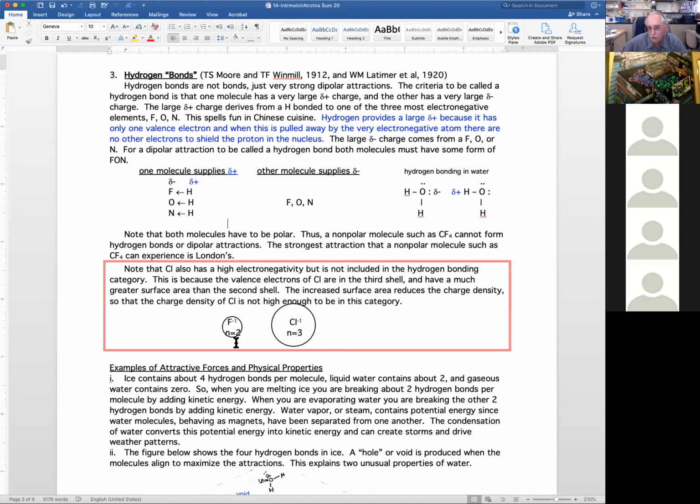What's really important here is not the charge, but the charge density. So this -1 charge divided by this small surface area is quite different and stronger than this large surface area. So electronegativity is very useful for a lot of things, but it's not perfect. It's just a good approximation.